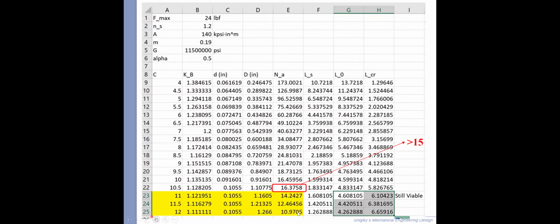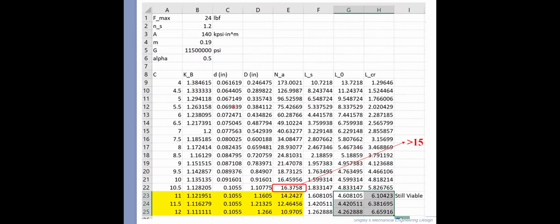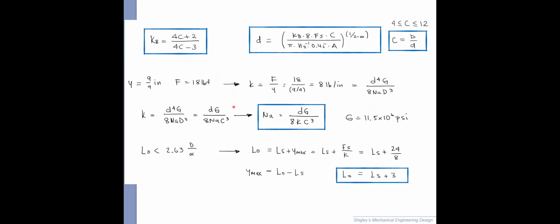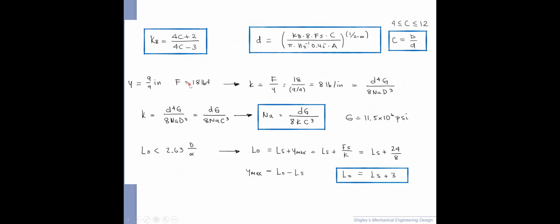In this case, we can select C equals 11, 11.5, 12, and so on. Okay, so any questions?